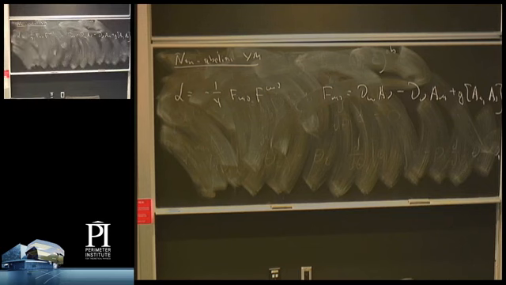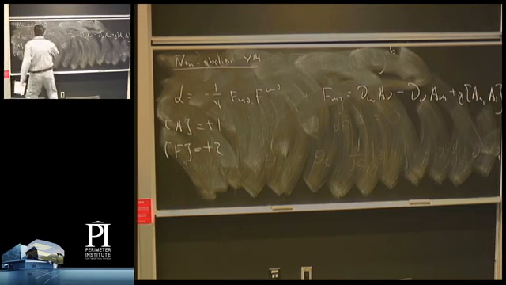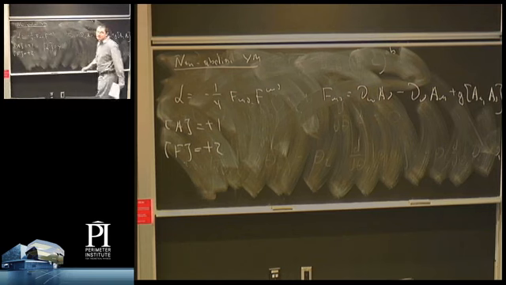So again, what you have here is that the canonical dimension of the vector field is +1, and so F mu nu has a canonical dimension +2. So you can see that your Lagrangian L has a canonical dimension +4.